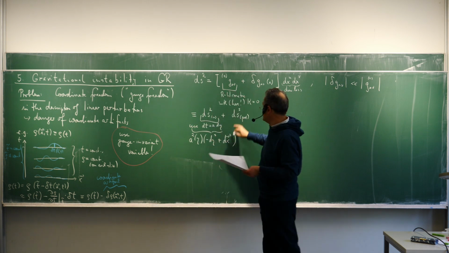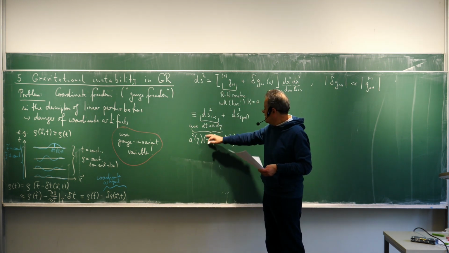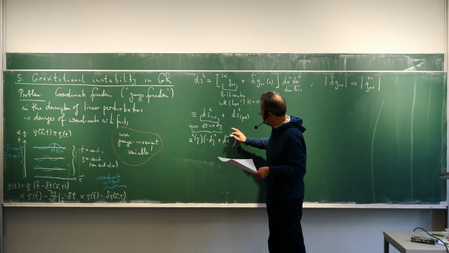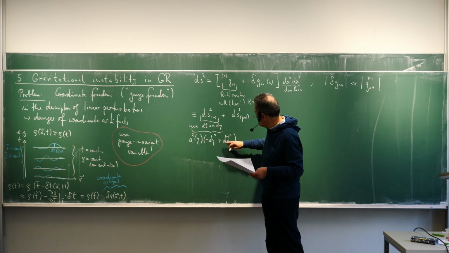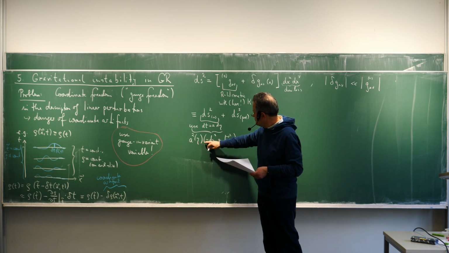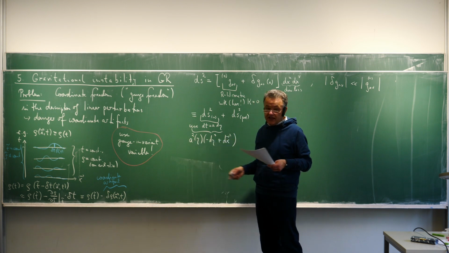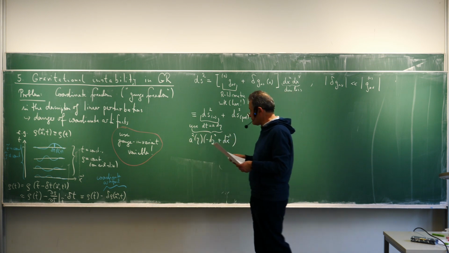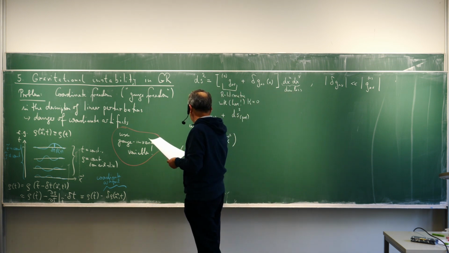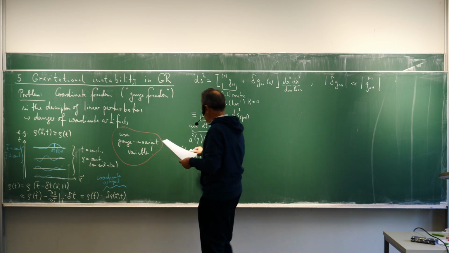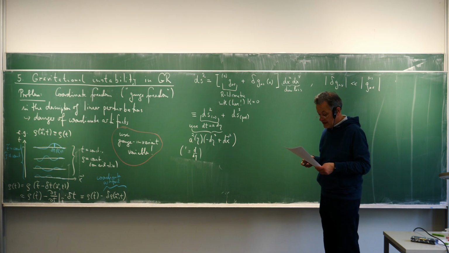I mean, for the flat case we have the flat spatial part here, and we also have the time part, and we have the scale factor. And in the following, as before, a prime denotes the derivative with respect to eta.